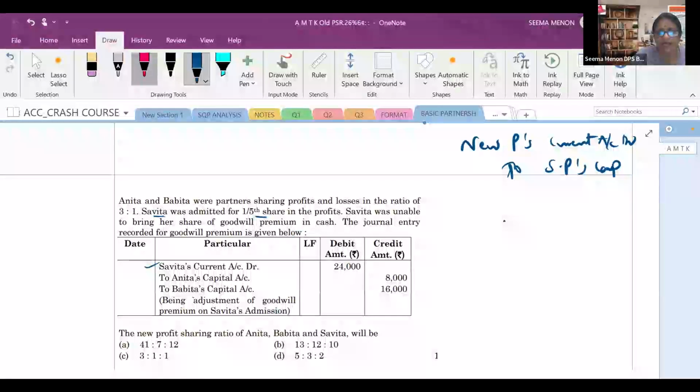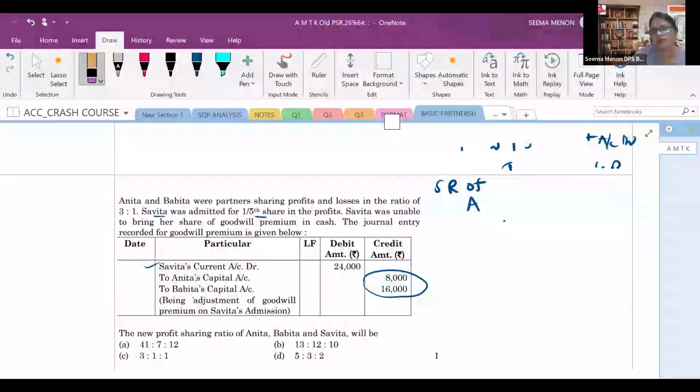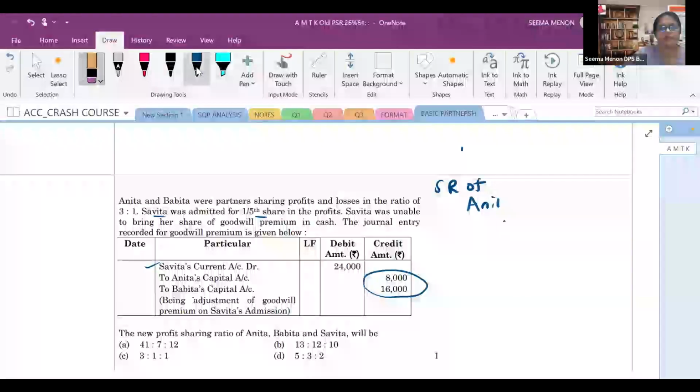So what will be their sacrificing ratio? Here is a good clue for you. The clue is Anita and Babita's sacrificing ratio. So you will write sacrificing ratio, SR means sacrificing ratio, of Anita is to Babita.